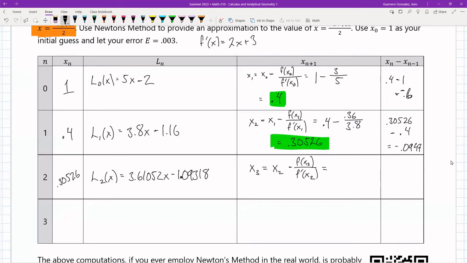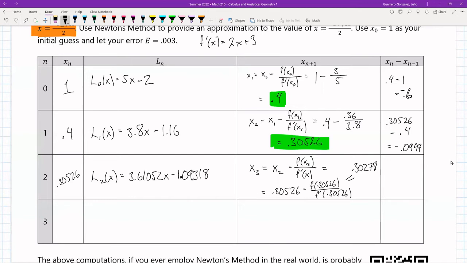That is equal to 0.30526 minus f of 0.30526 over f prime of 0.30526. And this should be equal to 0.30278.